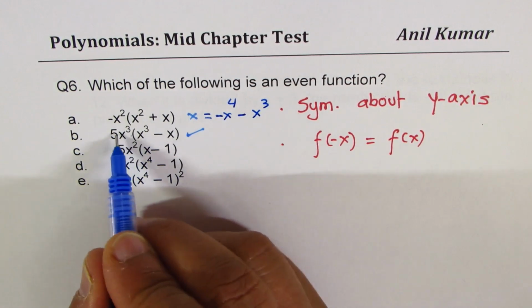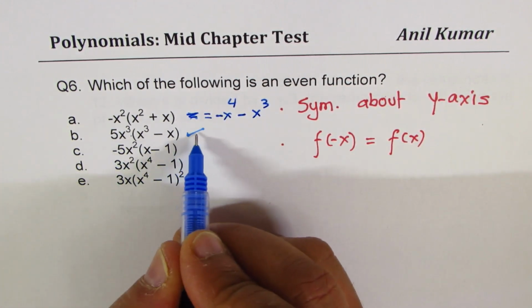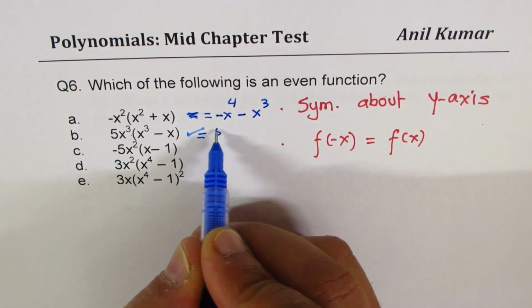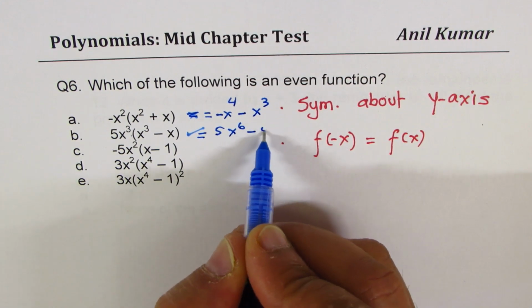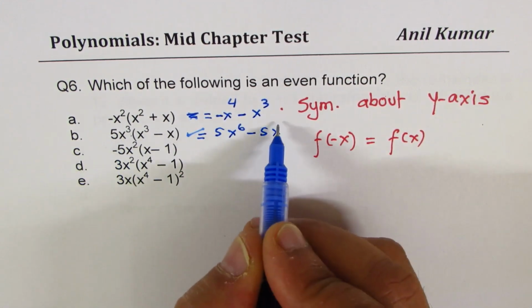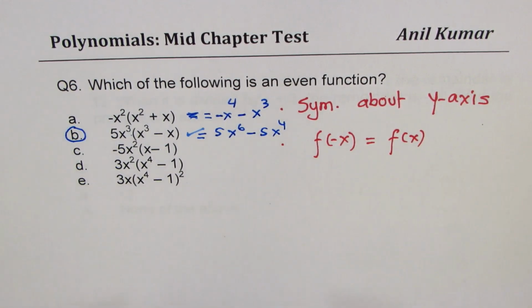In this particular case, when you expand, you get 5x to the power of 6, and when you multiply with this, you get minus 5x to the power of 4. Both these are even terms, so that becomes an even function for you.